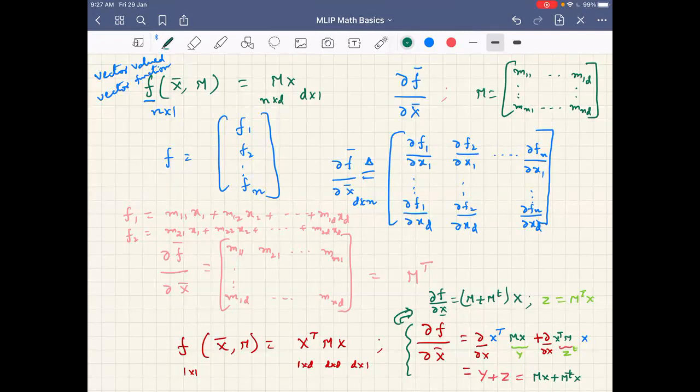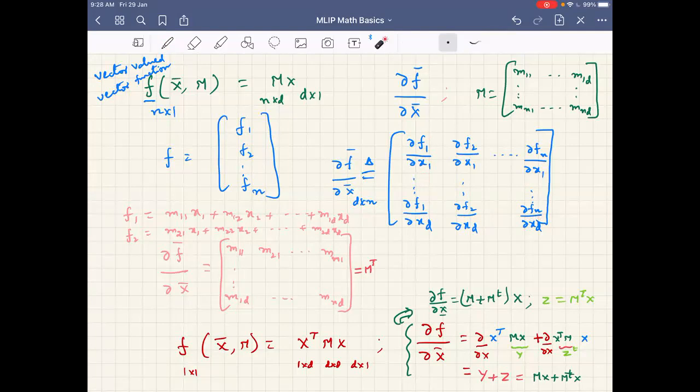But sir, one more clarification. In the upper part, you have written f equals the column vector f1, f2 up to fn. And next to that, we have written dou f bar by dou x bar equals that matrix with dimension b cross n.